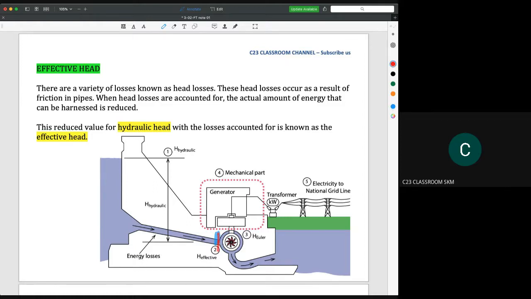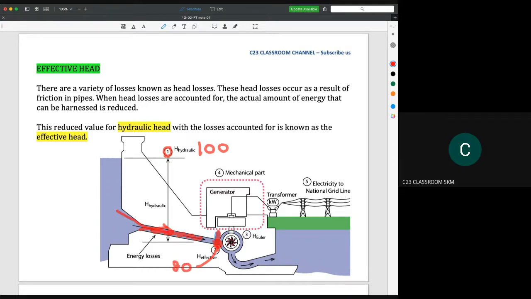So this is the inlet of the turbine. So at this point, maybe you have 100 of energy. However, when the water flows inside this pipe and so on, there are a lot of losses. Maybe at the starting point of the turbine here, the energy inside the water becomes 80 only.